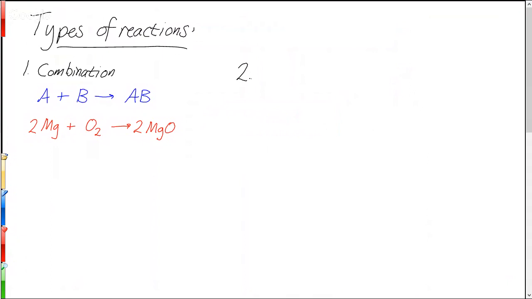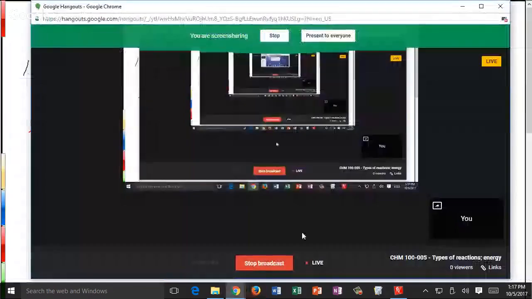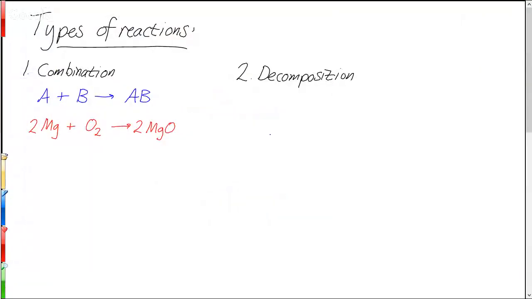Second one is kind of the opposite, and that's called decomposition. In decomposition, it's kind of the opposite.